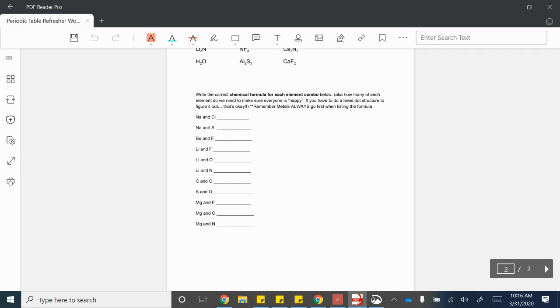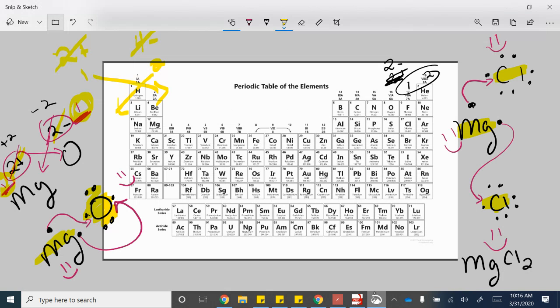Hopefully that makes sense. For this worksheet, it looks like we had a few examples of our covalents. So again, if it's a covalent, it's going to be a little bit different because covalents aren't totally donating electrons and totally accepting. They're sharing electrons.